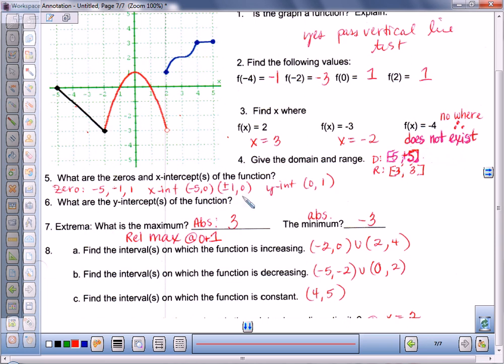What is the maximum value of this function? Well, this function has an absolute max of 3. And it also has an absolute min of -3. But if we were having to state all the extrema, we'd also need to say there's also a relative max of 1.